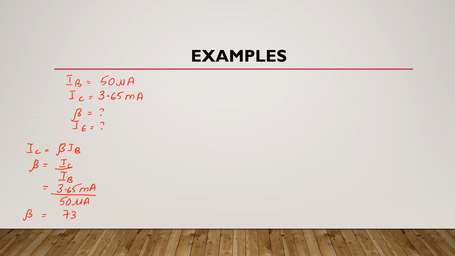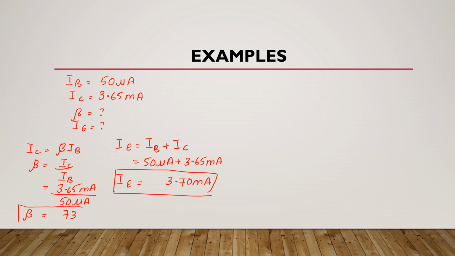Now how are you going to find emitter current IE? For this you will use equation 1, which is IE is equal to IB plus IC. Here IB is 50 microamperes and IC is 3.65 milliamperes, and after solving this you will get IE is equal to 3.70 milliamperes. So these are your answers. This is example number 1.